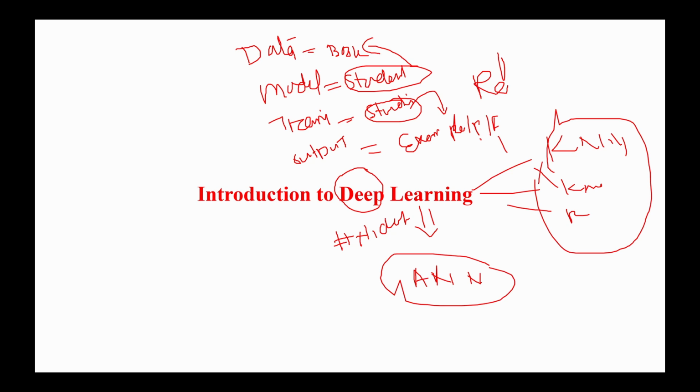Now the key terms. Data is nothing but any type of data, maybe image data, text data, or numbers, any decimal number, integer number, any number of data. Model is nothing but a system that can learn, and training is nothing but the learning process. Output is nothing but prediction.